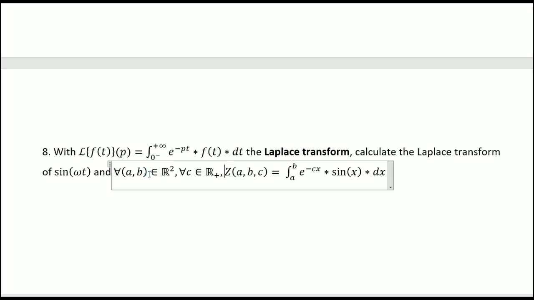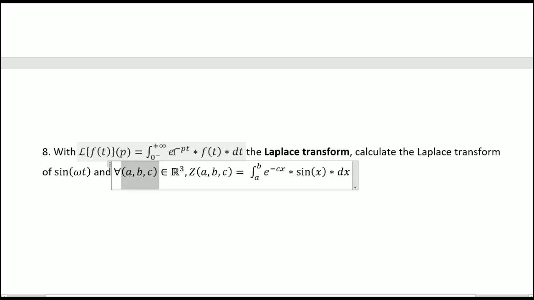Okay, so for all a, b in R squared and for all c in R plus, so it can be minus... Well, oh no, because actually it does converge since it's not infinity here, because it's not a limit, so it works for all values of c. It's just that you can't take an improper integral for this for values of c.